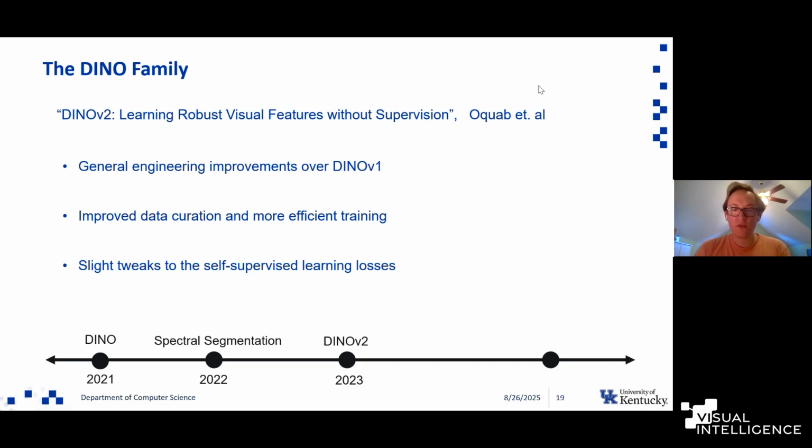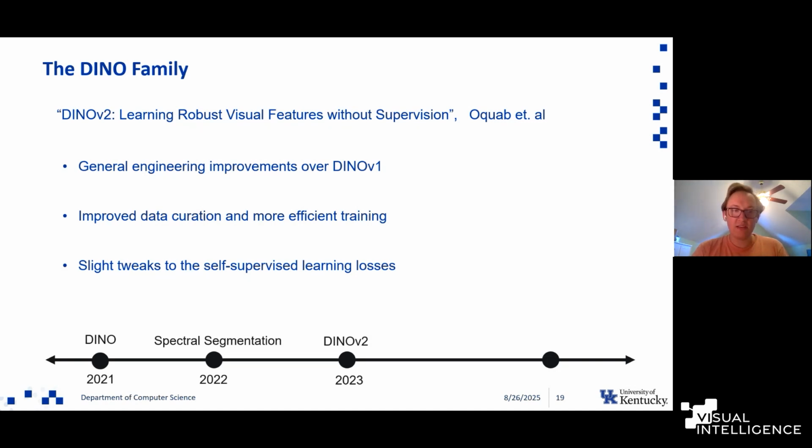So moving forward 1 year in the future, so now it's 2023, and we're looking at DINO v2. So this is learning robust visual features without supervision. It's a very good paper. It's more of an incremental improvement over DINO v1 in some ways, in the sense that it's mostly engineering improvements. They've improved the data curation, they've made training more efficient.